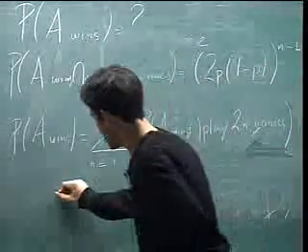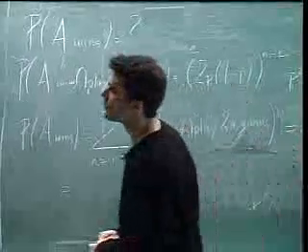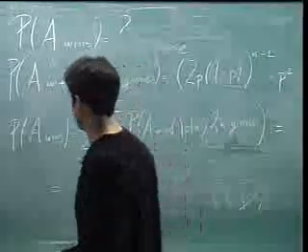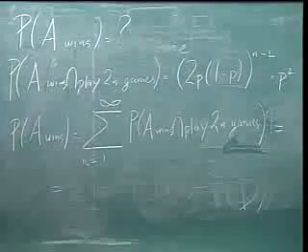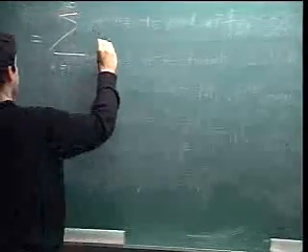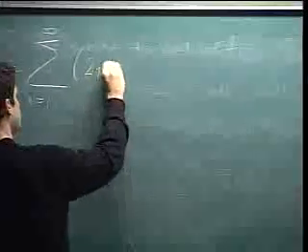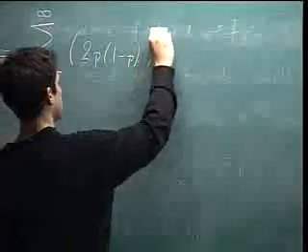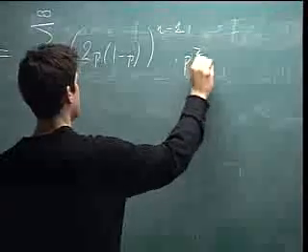And we just get the infinite sum from n equals 1 to infinity of 2p times (1 minus p) to the n minus 1 times p squared.